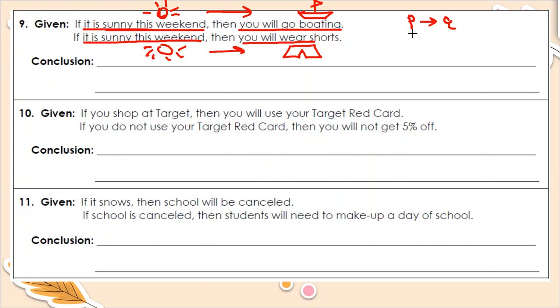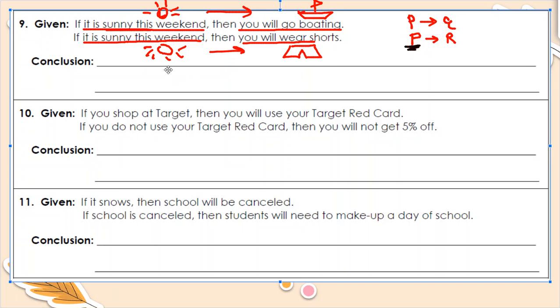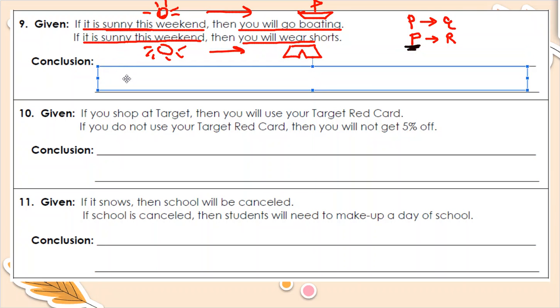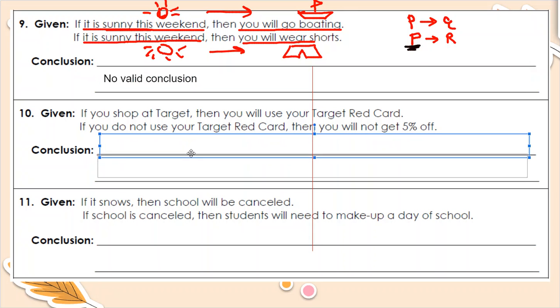And then the next statement is if P, then R. Okay, so the difficulty is that this portion should be a Q in order for the law of syllogism to apply. Since we do not follow the correct symbolic argument, we cannot draw a conclusion. So the conclusion here again is no valid conclusion. You can also just put not valid. That would be fine too.